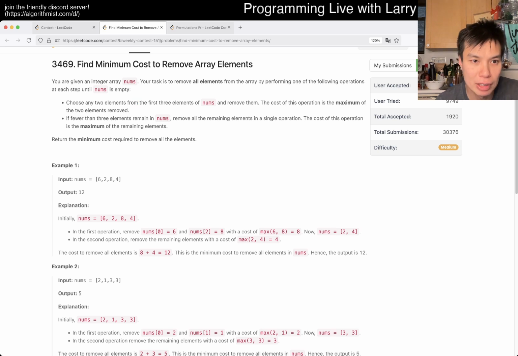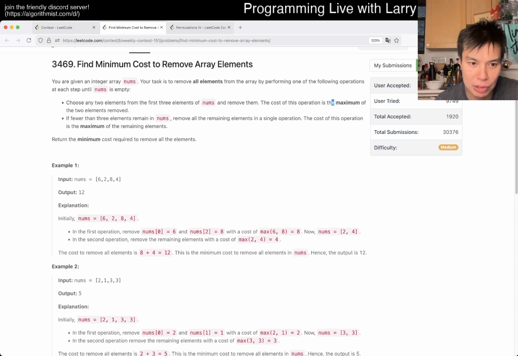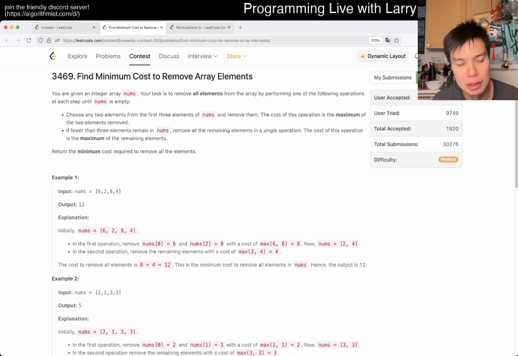Oh wait, I misread this. 2 elements of the first 3, and then take the max of the 2 elements. So it makes sense. Greedy would make sense, but, and I'm cheating a little bit. In looking at the acceptance rate, it doesn't seem like necessarily too greedy. I have to think of the case, right? So you always leave behind the cheap one as a result.